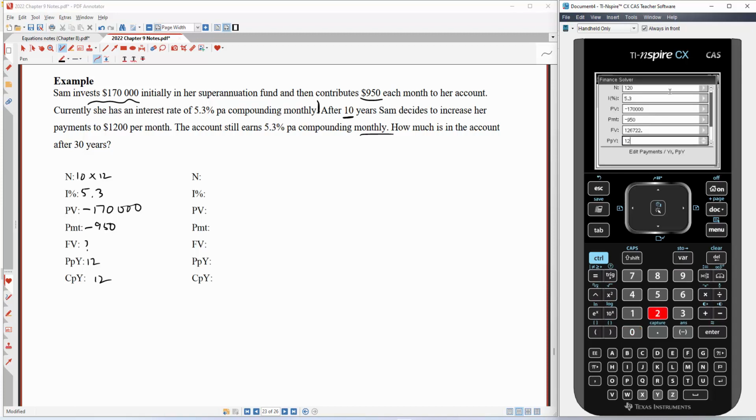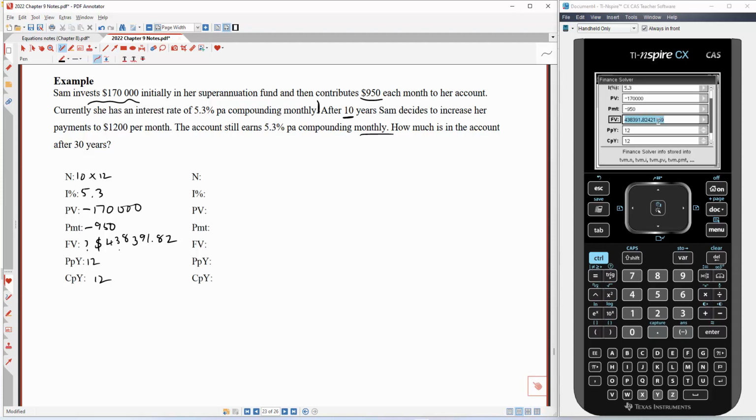That's what we want to know. Change that to 12. Click on FV and update. So the future value after 10 years is going to be $438,391.82.